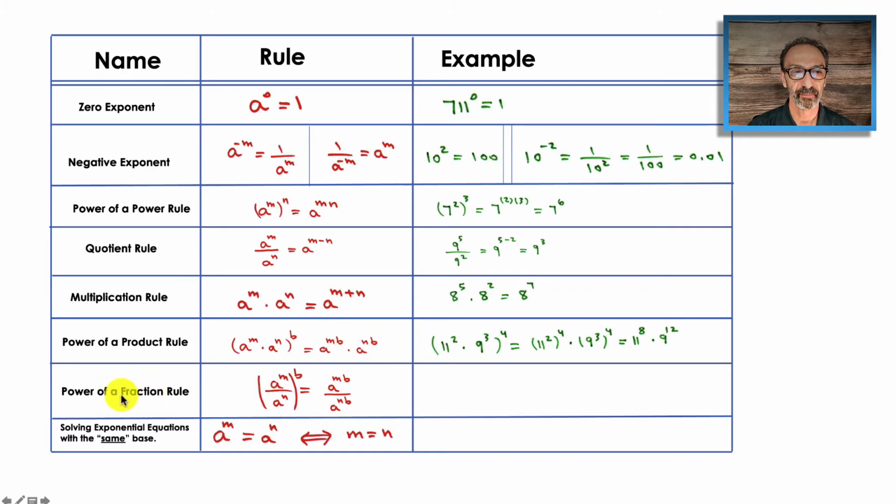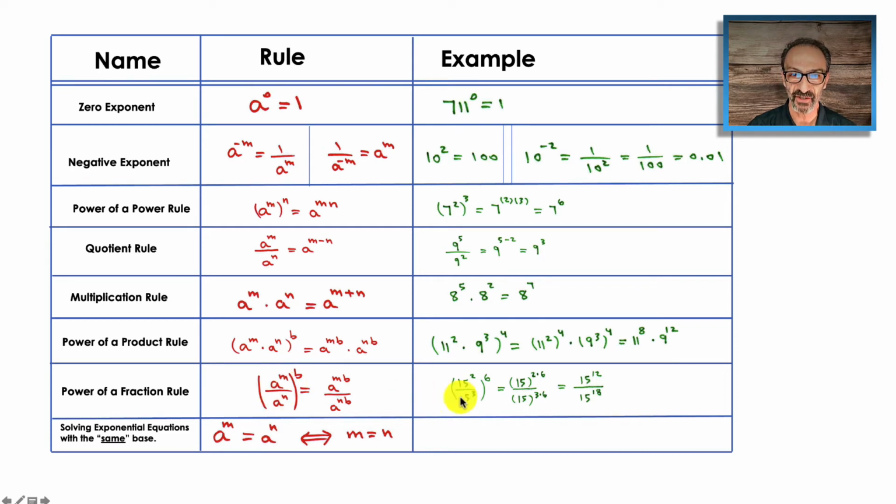Quotient rule, power of a fraction rule. That shouldn't be called a quotient rule. This is a quotient rule. So if you have a quotient, we still have a power of the quotient. Same idea as the product, we apply the exponent b to both powers inside.